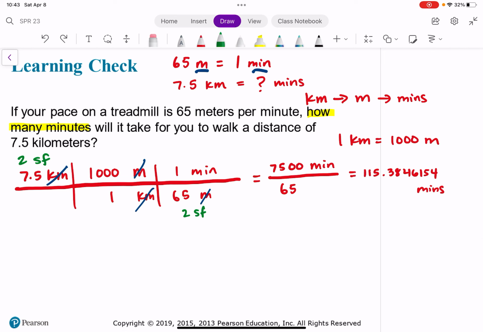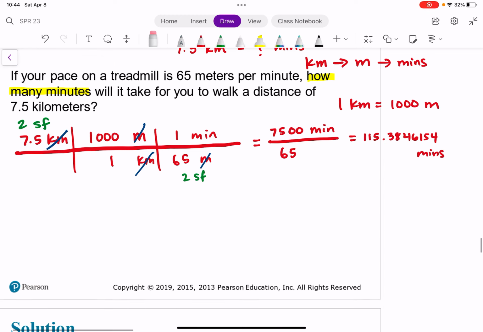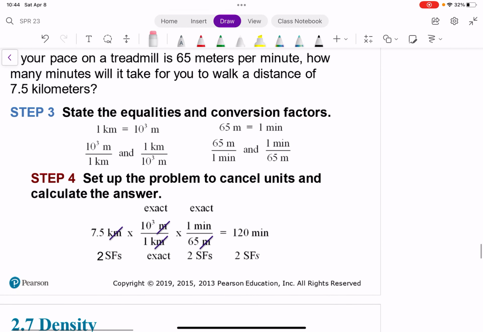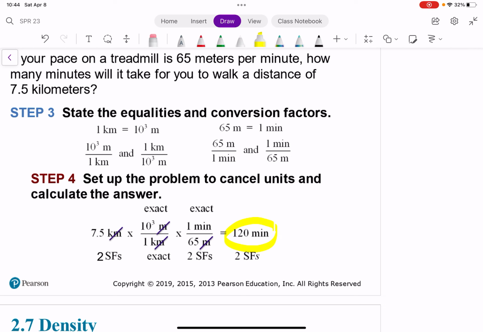All right, so how many sig figs should I have in my final answer? 2. How are we going to get this to 2 sig figs? Yeah, it's a little bit weird. We're going to have to do kind of gymnastics. So let's see how they did it down here. They basically just rounded to 120.